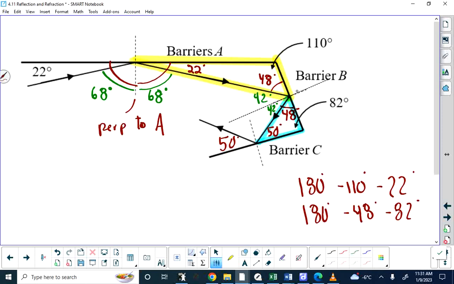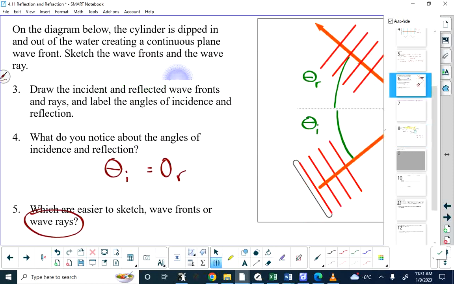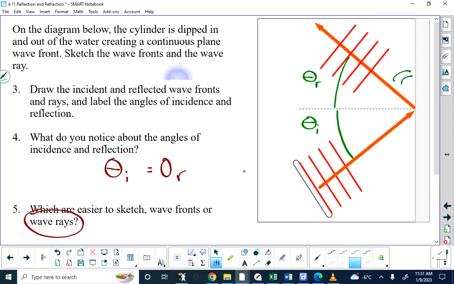Because although we get used to the fact, going back to my diagram over here, we get used to the fact that this angle and this angle are equal. That's not the law of reflection. The law of reflection says this angle and this angle are equal. And an angle of reflection, by definition, is the angle between the reflected ray and the normal line.